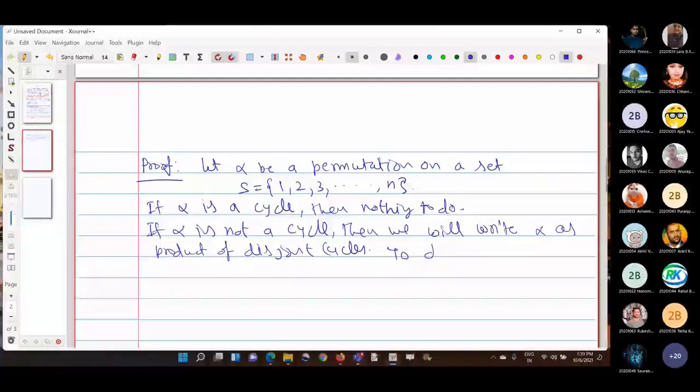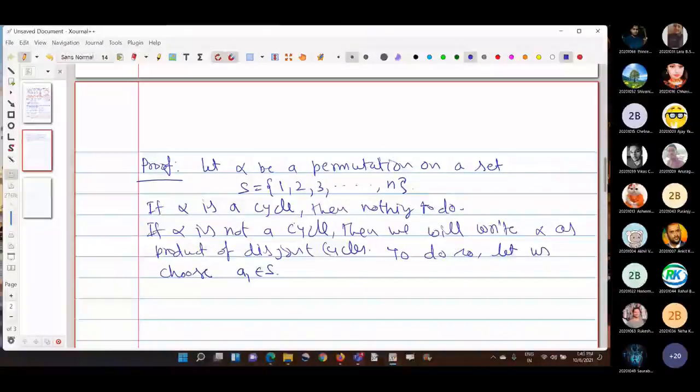To do so, let us choose A1 from S. Pick any arbitrary element.